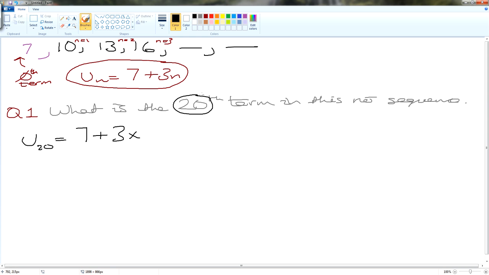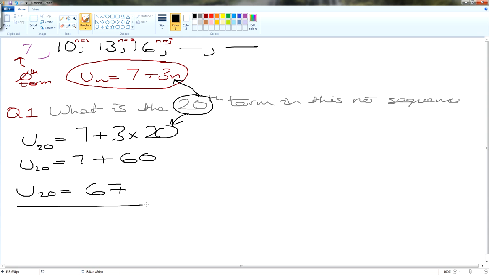So the number 20 has to go into n first. So 3 times by 20 is 60. So the 20th term of this number sequence will give us 60.